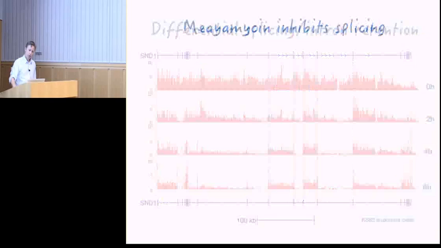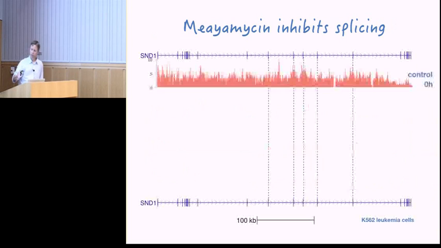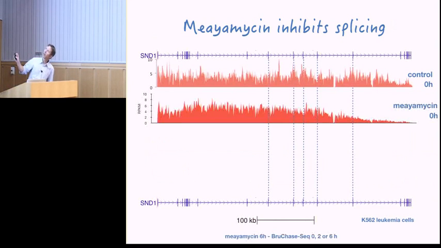Now, we can also use an inhibitor of general splicing. This is a drug called Meayamycin, and this is just, again, the normal rate of transcription in control. If you treat cells for 6 hours with Meayamycin and block splicing, genes can still transcribe. And this was a little bit of a surprise to us.